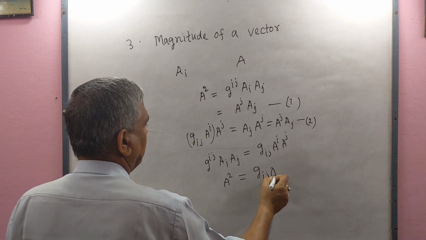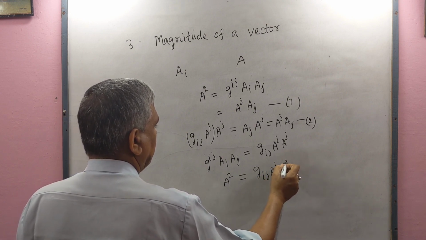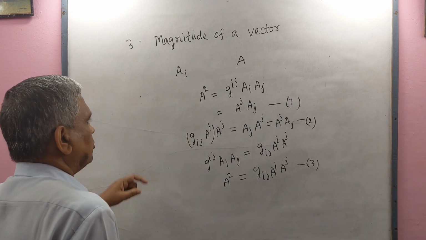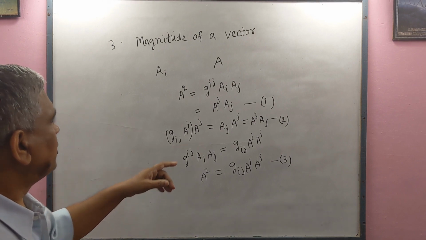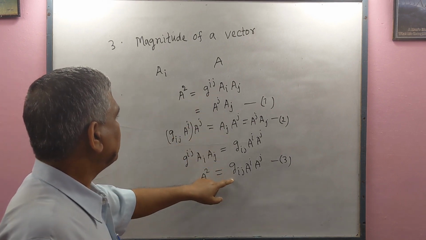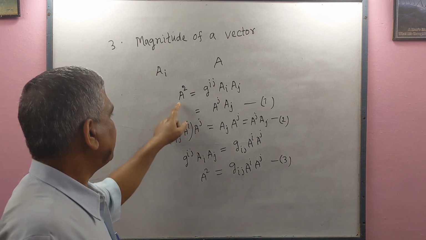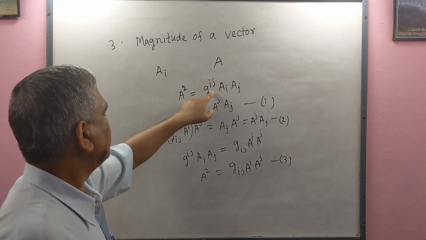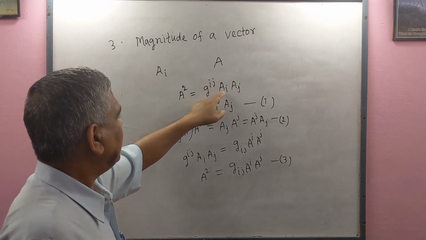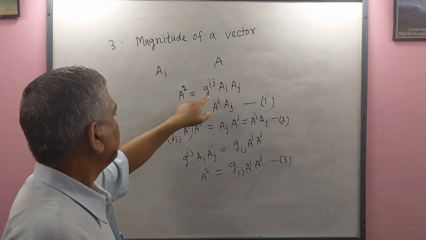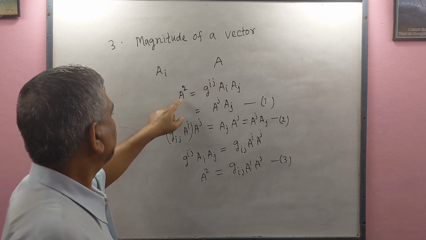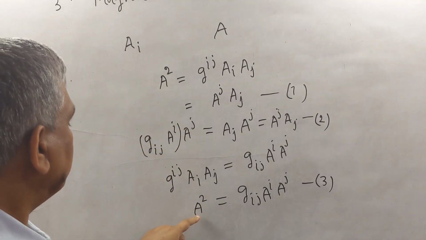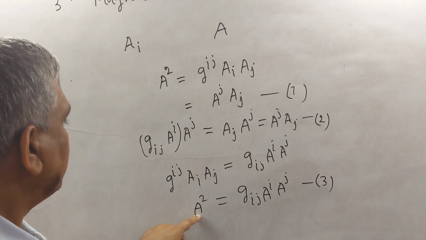This is 3. So from this equation and this equation we see that if the left hand side is equal, then the right hand side is equal. Here the right hand side is g_ij A^i A^j, which is the square of the magnitude of the tensor.